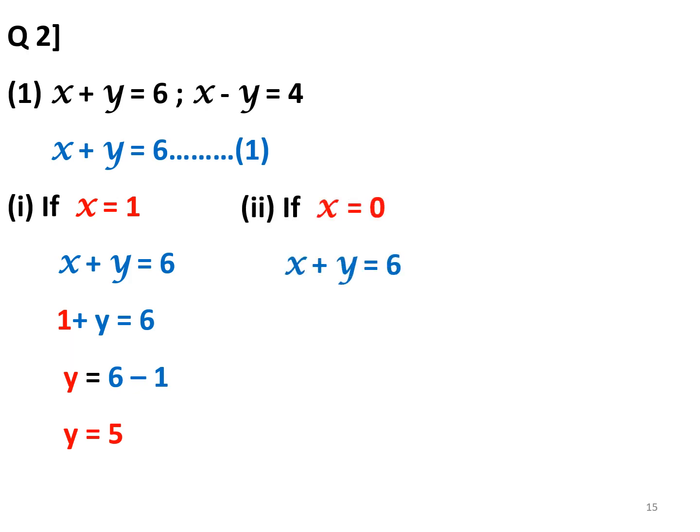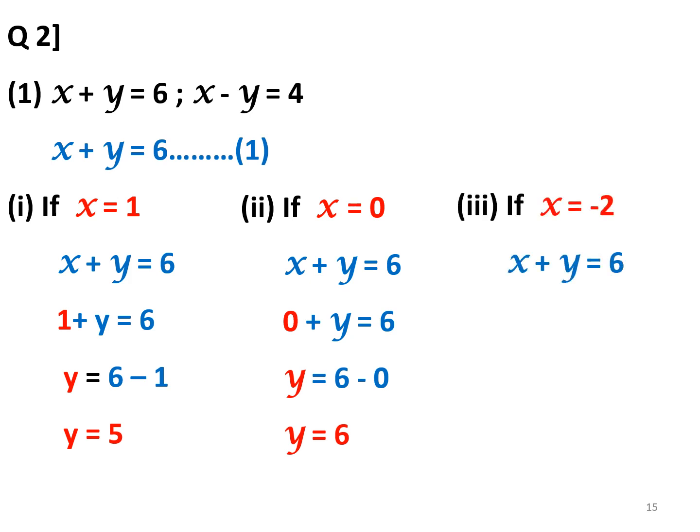Next, if x is taken as 0, substituting x = 0 in my first equation, x + y = 6, 0 + y = 6, y = 6 - 0, y = 6. So if x = 0, the value of y is 6.